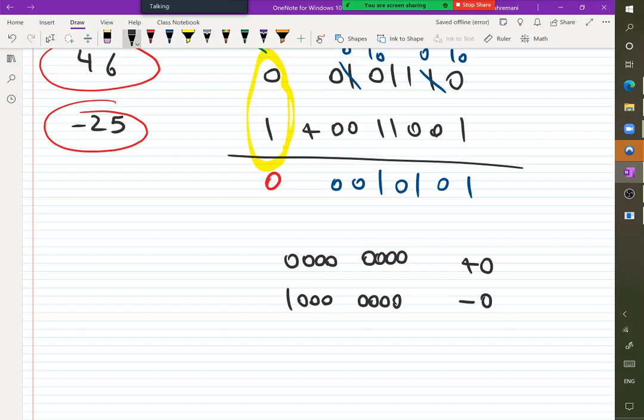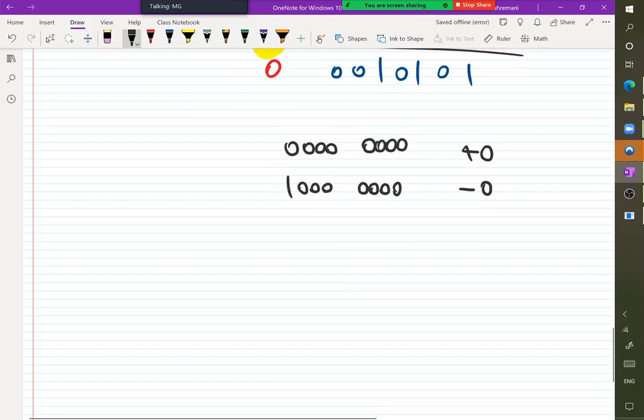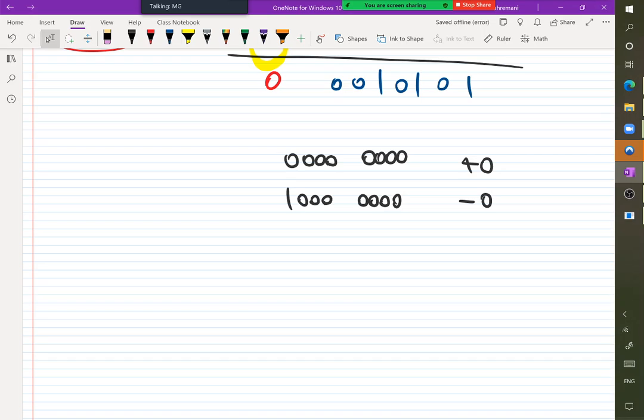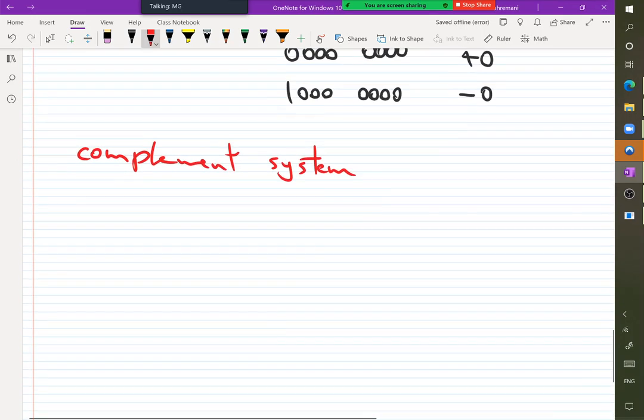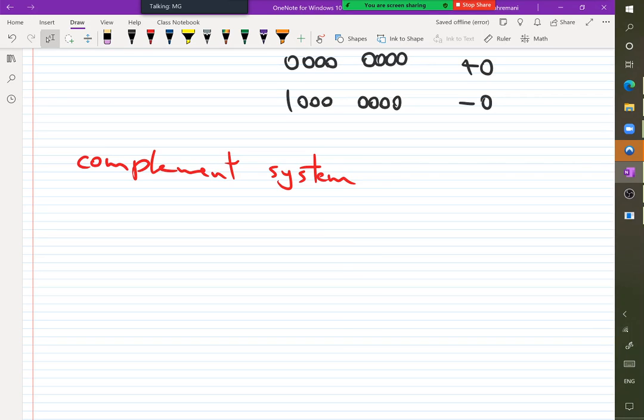So here we introduce the complement system to get rid of these issues, which is one's complement and two's complement.